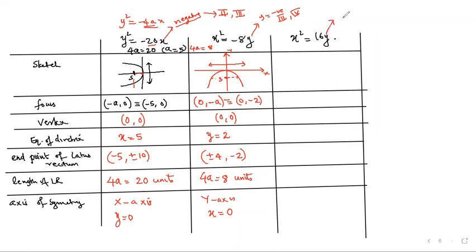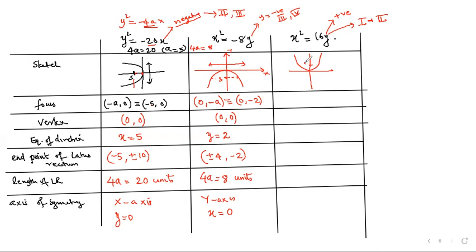Here y got to be positive. That means it lies in first and second quadrant. So if it lies in first and second quadrant, it should be like this.